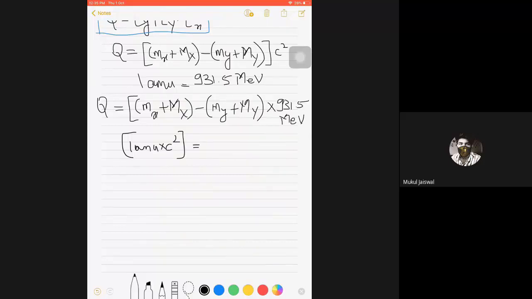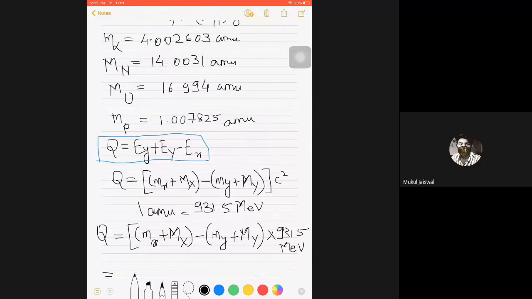So we'll use that fact here. Now all you have to do is substitute all these values that are given and tell me what final answer you get. So here is the expression. Can anyone tell me what the final value comes out to be?